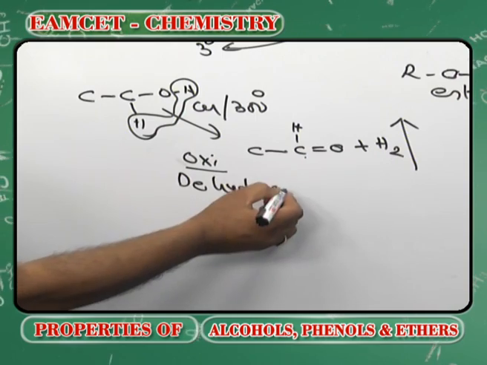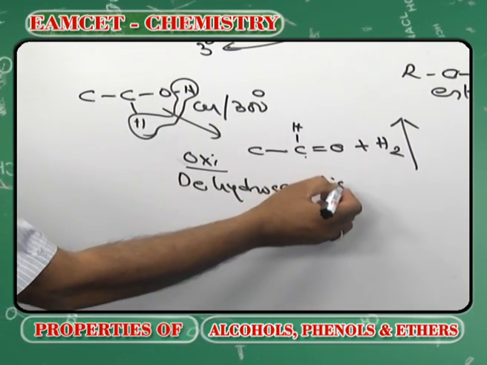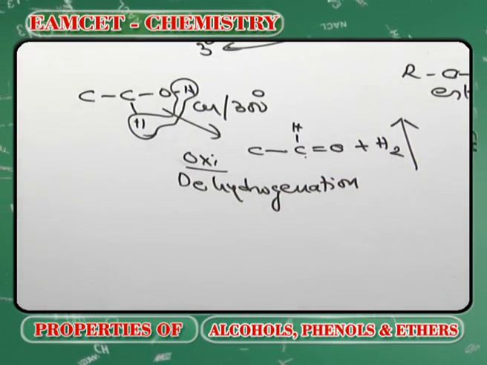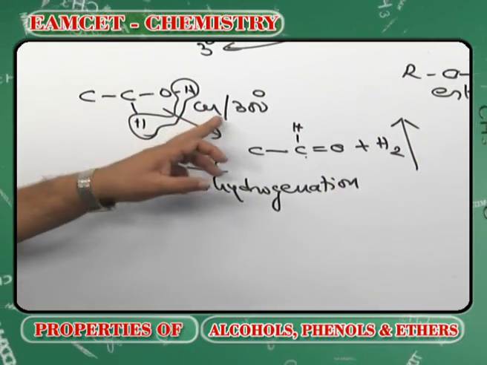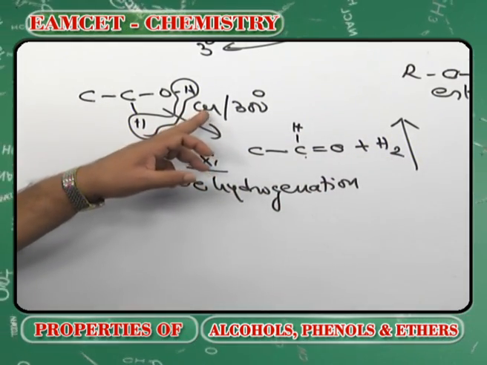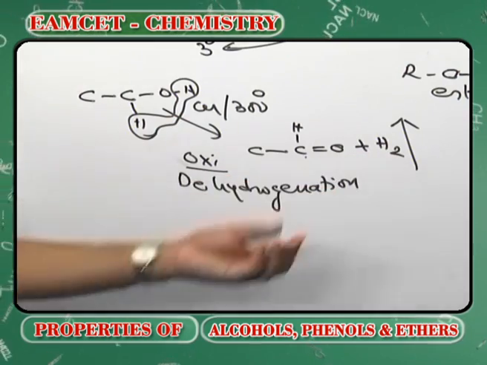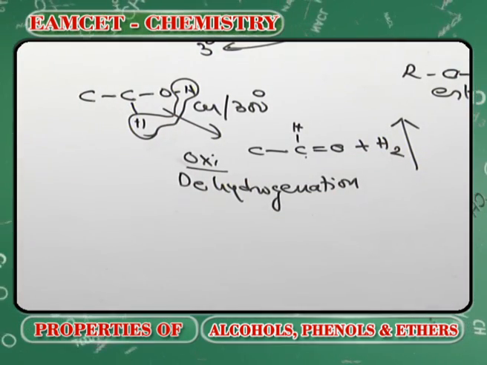Dehydrogenation. What is the role of the catalyst? The catalyst supports the removal of the hydrogen. There is no compound formation; copper remains copper, but hydrogen gas is observed to liberate.